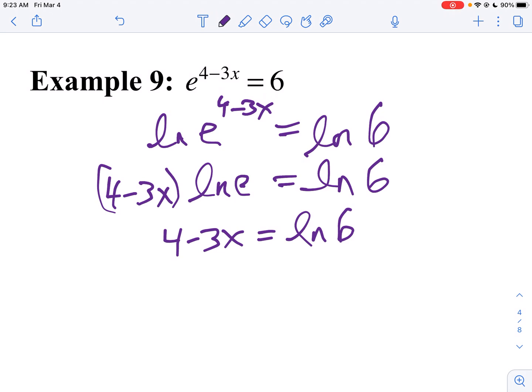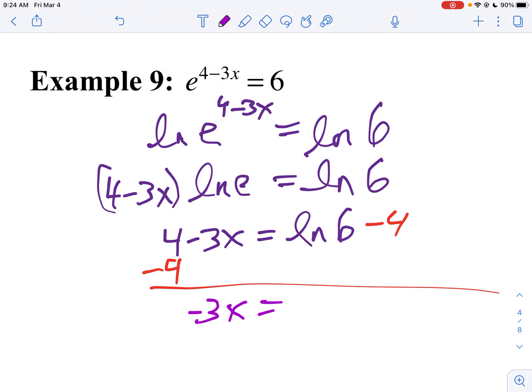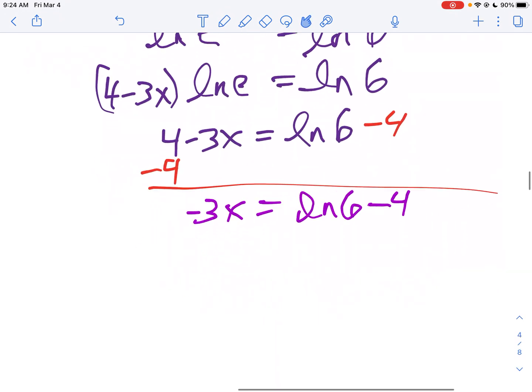So I'm going to solve for x. I'll do the exact answer first. I'm going to subtract 4 from both sides. So then I'm going to get negative 3x equals the natural log of 6 minus 4. And then I'll divide both sides by negative 3.